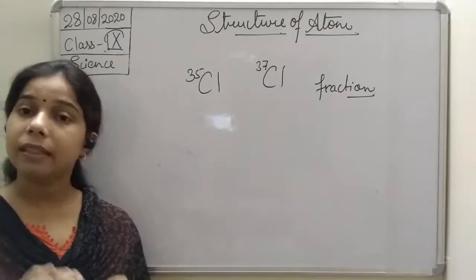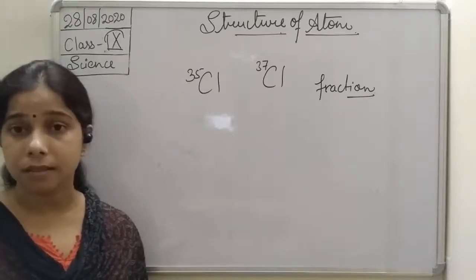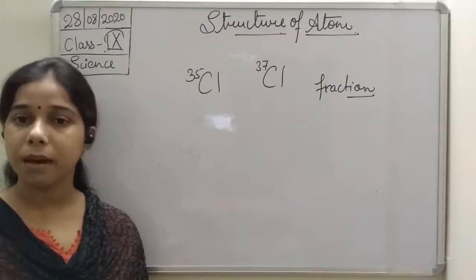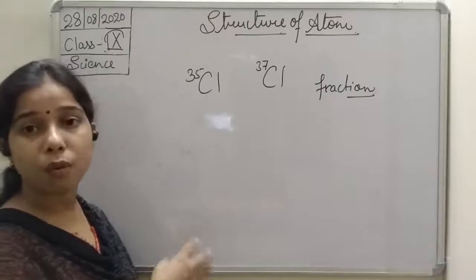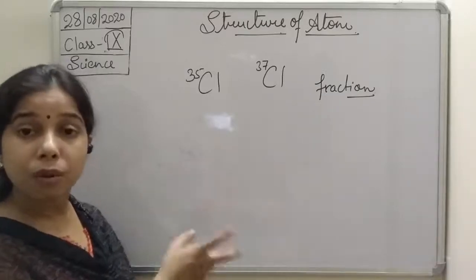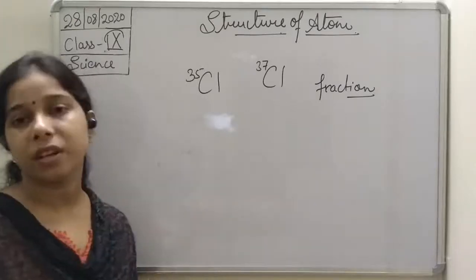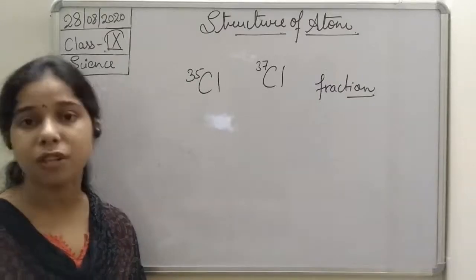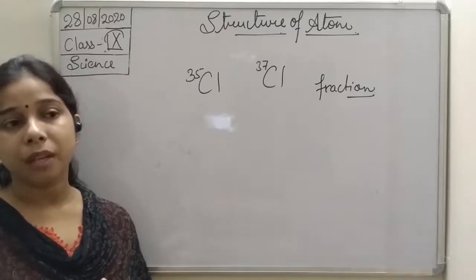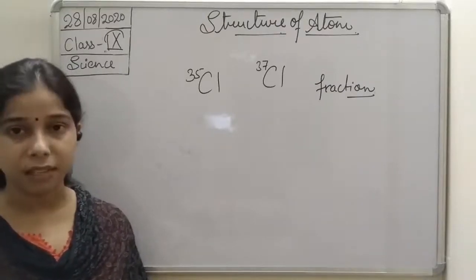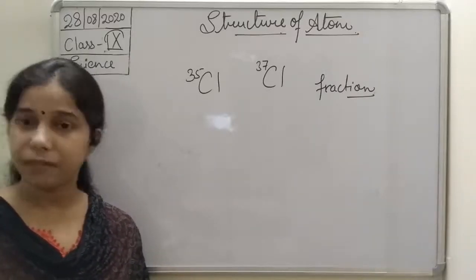Okay, so in that case, students, what do we have to find? We have to find the average atomic mass. And the average atomic mass we can calculate with the help of the percentage, the amount of chlorine 35 and the amount of both of the isotopes present in nature. Whenever a question is asked related to the average atomic mass, the percentage of both of the isotopes, how much is present in nature, will be given in the question.